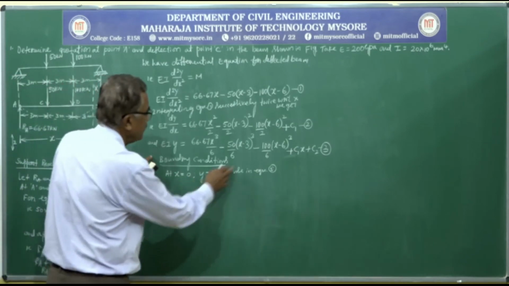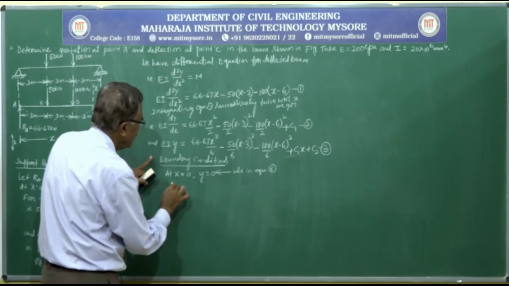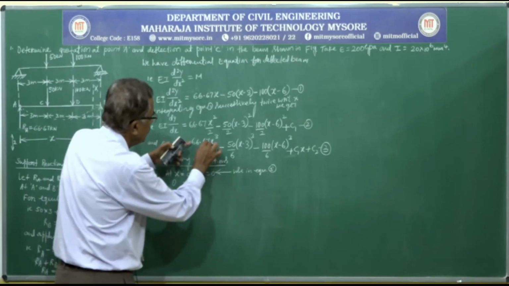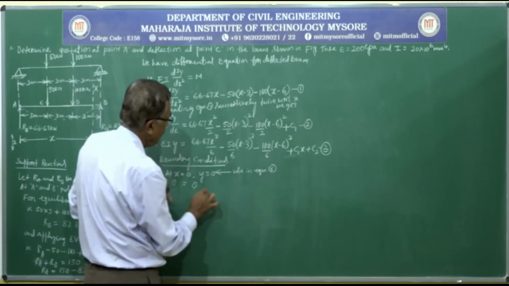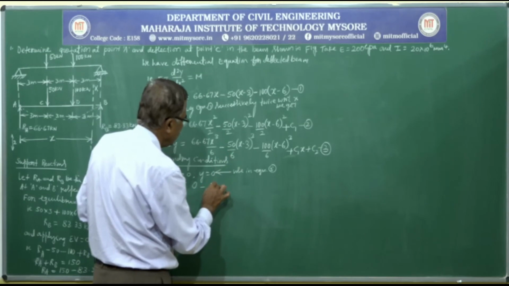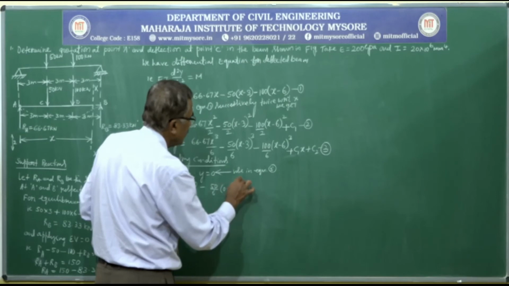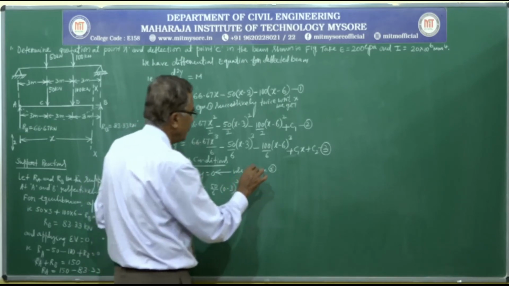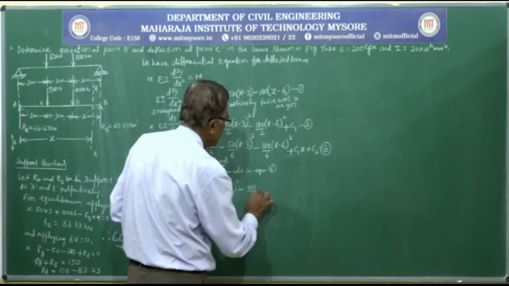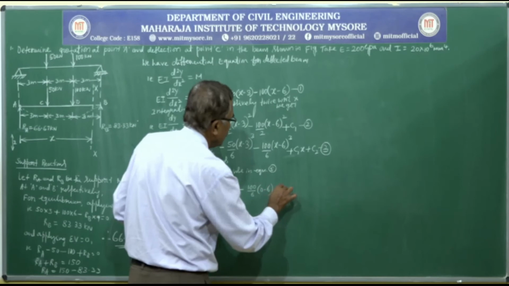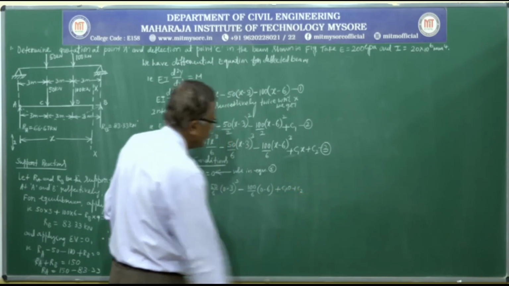The left hand side is 0, equal to the first term 0, minus 50 by 6 into (0 minus 3) cube, minus 100 by 6 into (0 minus 6) cube, plus C1 into 0 plus C2.